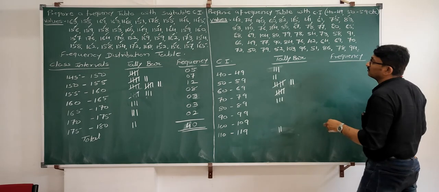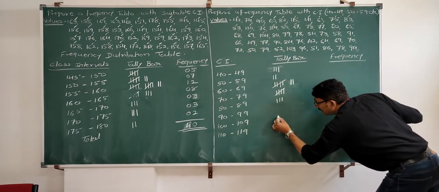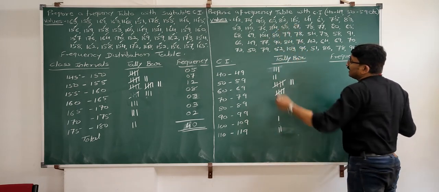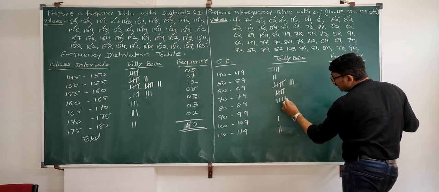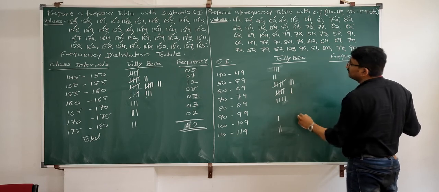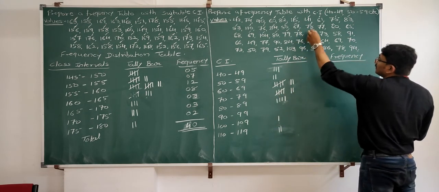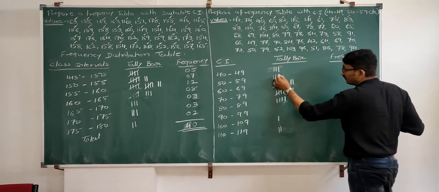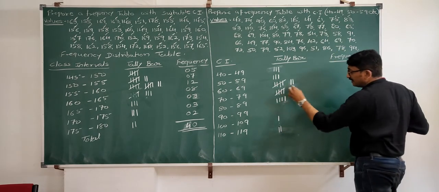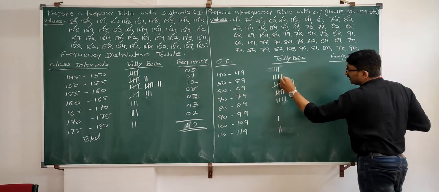So it is called inclusive. 104 comes under 100 to 109. 80 comes under 80 to 89. 70 to 79. 78 again 70 to 79. 54 50 to 59. 70 to 79. 58 50 to 59.